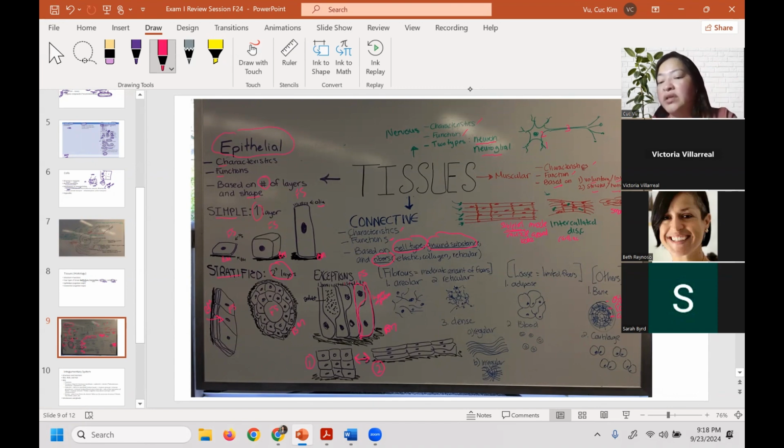That's what makes this uniquely bone. And kind of my association to help me remember, I'm just going to put a note right here. It looks like a cut of a tree. So anytime I see a cut of a tree, that looks exactly like bone.